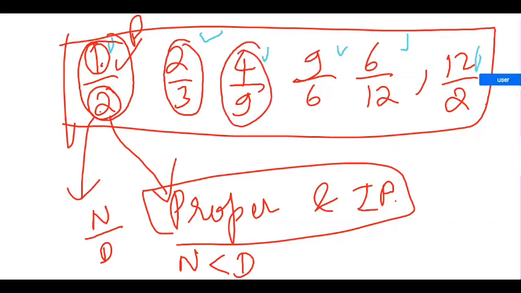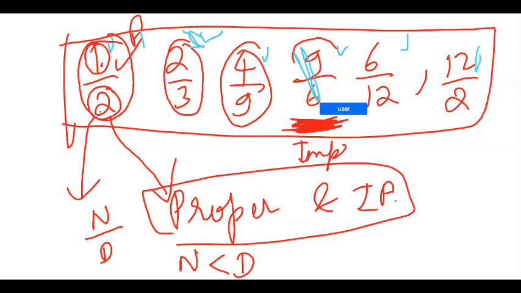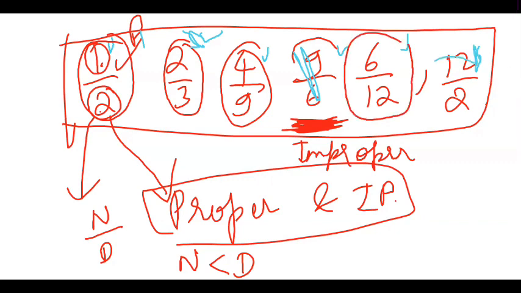Beta, please take care, this is 9 over 6. So it is? Improper. So it is not a proper, it is improper. Fine? What about this one, beta? 6 over 12.